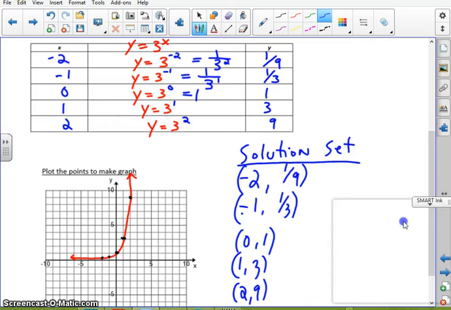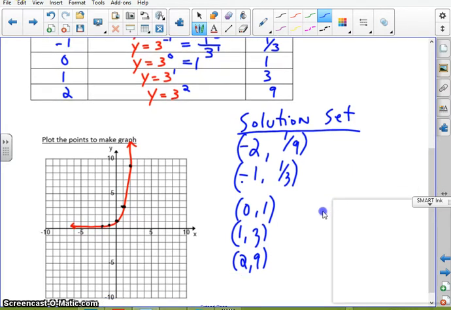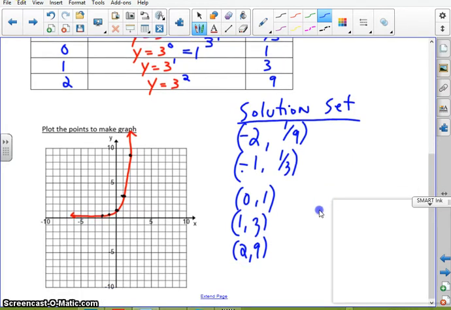So there goes my solution set. Once again, my solution set is just my set of points that fall on this line here, or this curve.